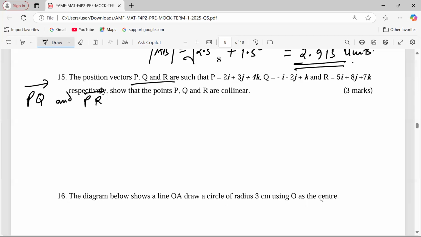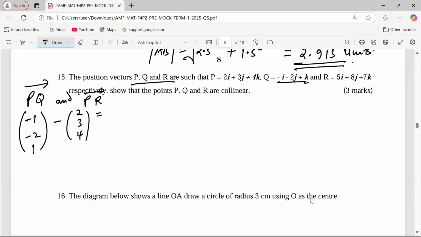These are two vectors. Any two vectors can be expressed. So how do we get vector PQ? We have to take Q, which is negative 1, negative 2, and positive 1. I'm taking the coefficients of the unit vectors, negative 1, negative 2, and 1. Then we subtract P, which is going to be 2, 3, 4.